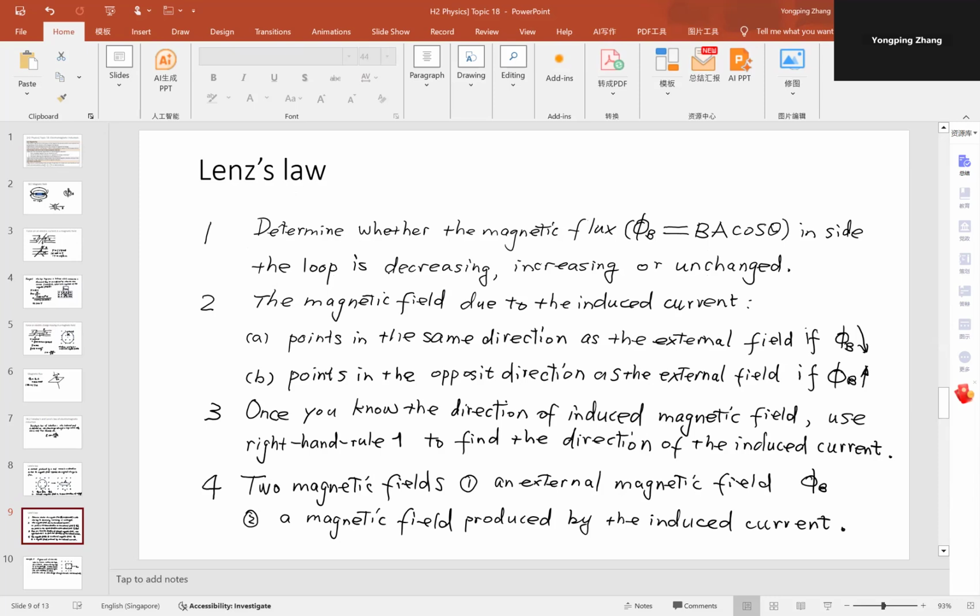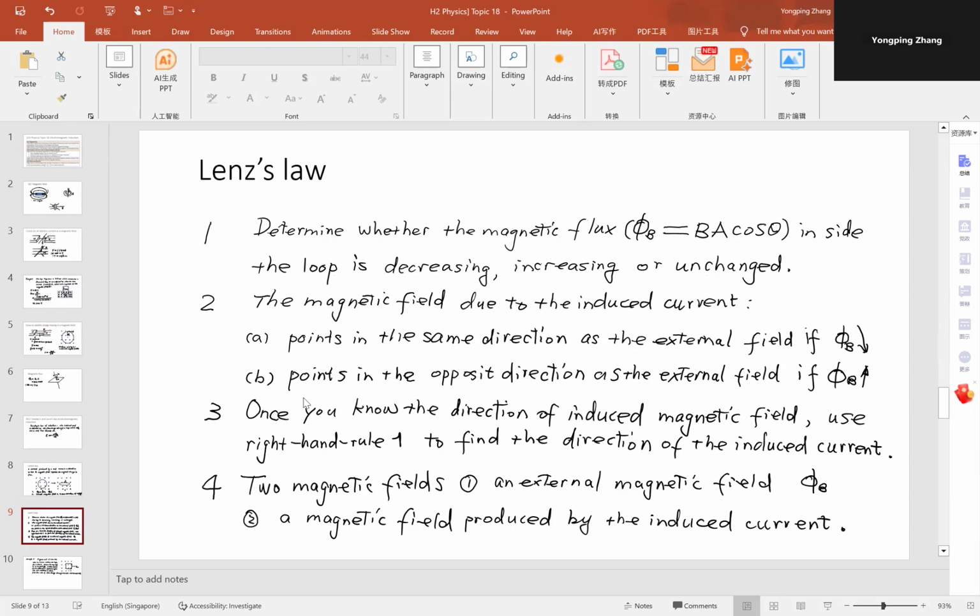If phi B increases, the induced magnetic field is in the opposite direction. If it decreases, the induced field is in the same direction.